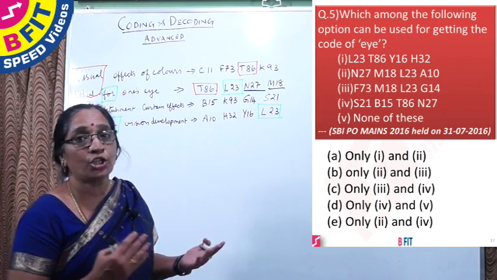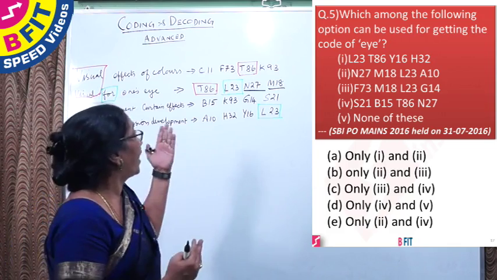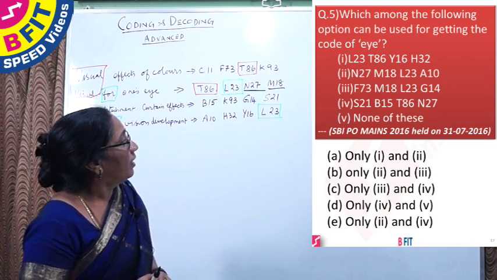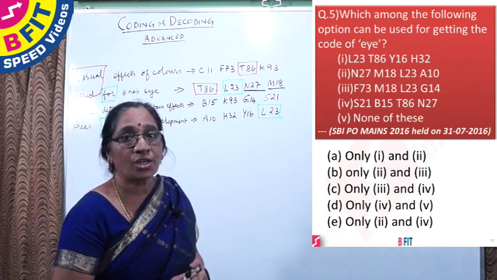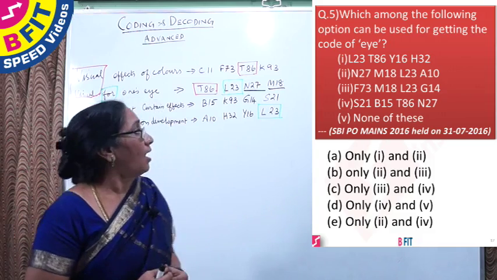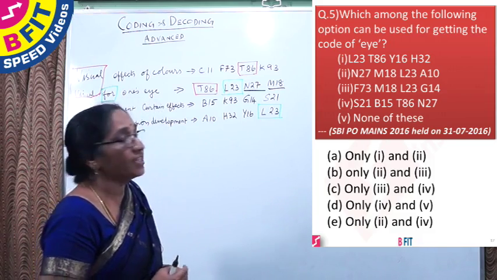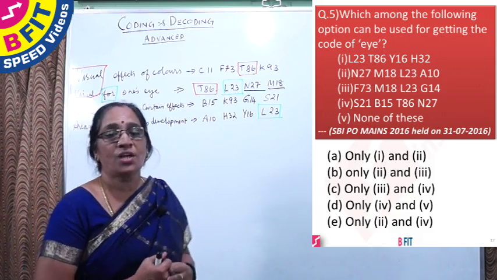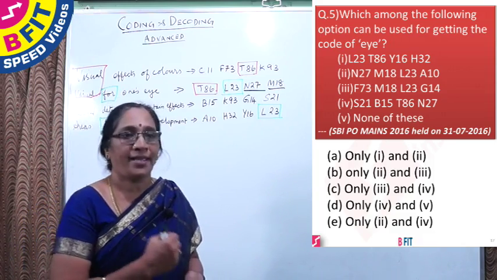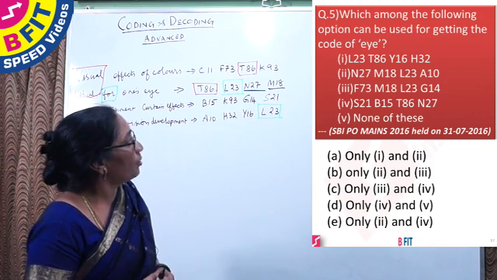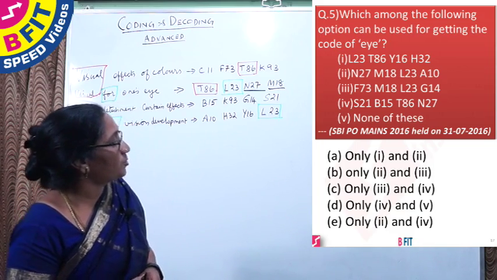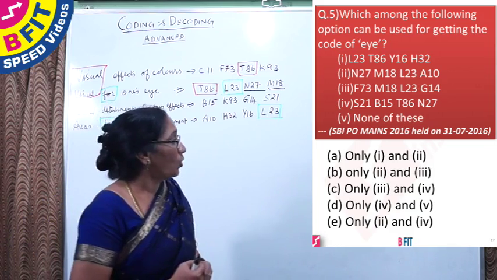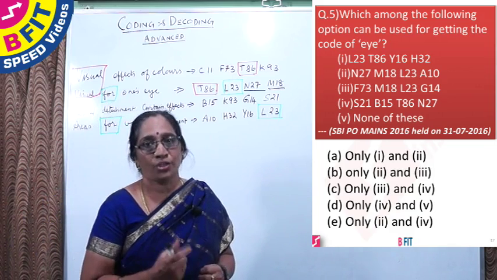We will not be able to use that to find the code for I. The third option contains only M18 and the fourth option contains only N27. So we can use these codes to find the code for I. And so the answer option for us is option C, which says only 3 and 4 can be used.